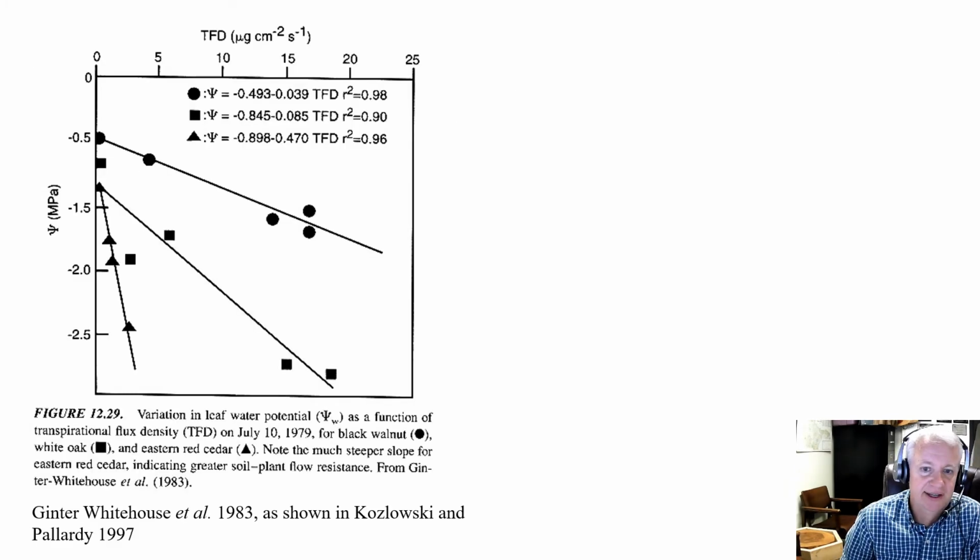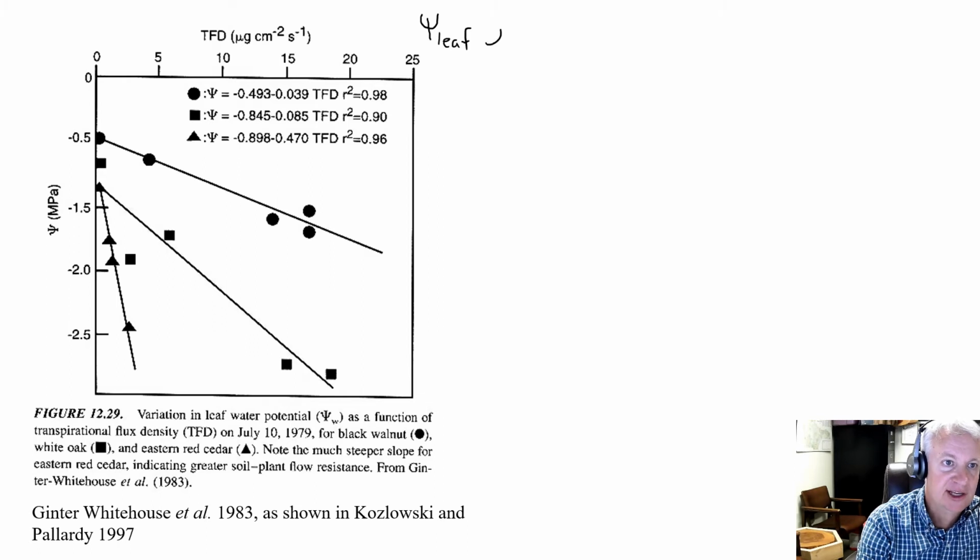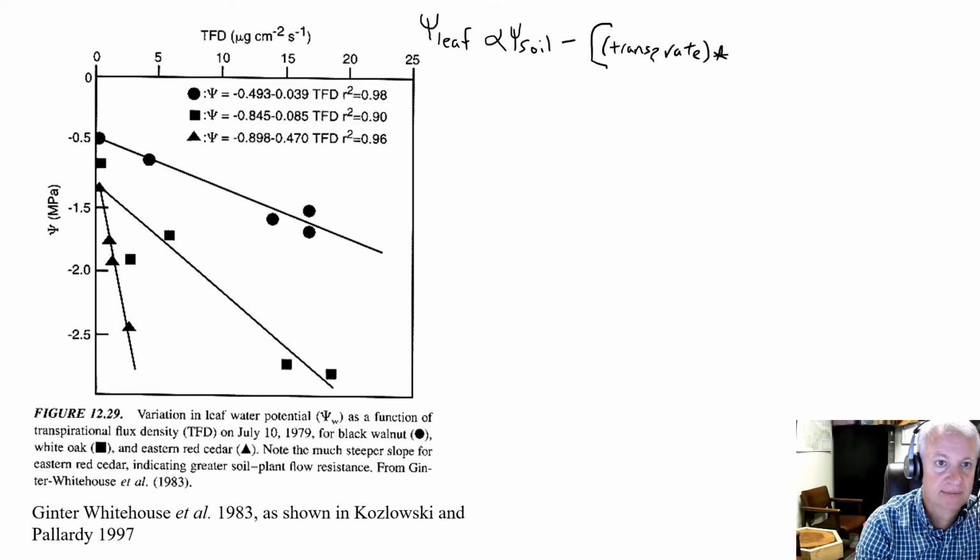Let's look at this in another context using the heuristic equation that we've used in previous lectures, where water potential of a leaf, for instance, is proportional to soil water potential minus transpiration rate times hydraulic resistance.